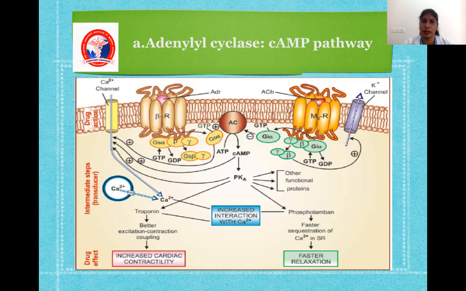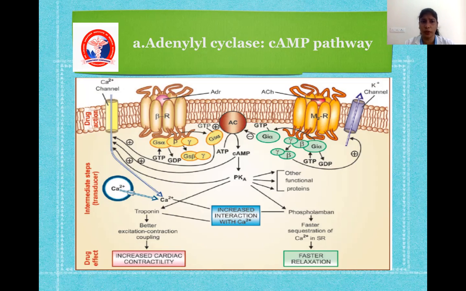What happens with the adenyl cyclase enzyme is that it converts ATP into cyclic AMP. This cyclic AMP goes and activates protein kinase A. When protein kinase A gets activated, two things happen. One allows calcium to get inside the cell, and the other allows calcium into the sarcoplasmic reticulum. When we discuss the GS transducer mechanism, we see adenyl cyclase enzyme activation and calcium channel opening.